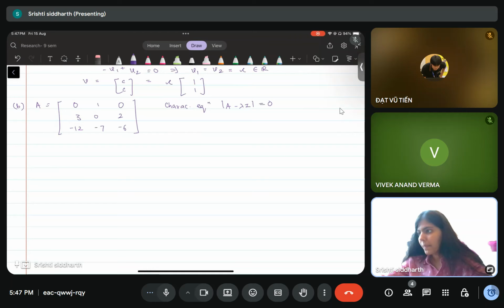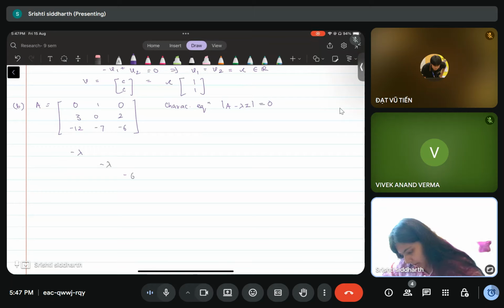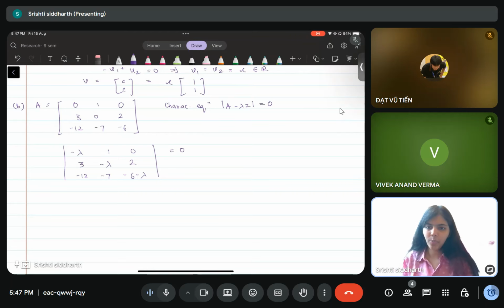Alright, let's see. So this is minus lambda, minus 6 minus lambda, with entries 1, 0, 3, 2, minus 12, minus 7. The determinant of this is equated to 0.